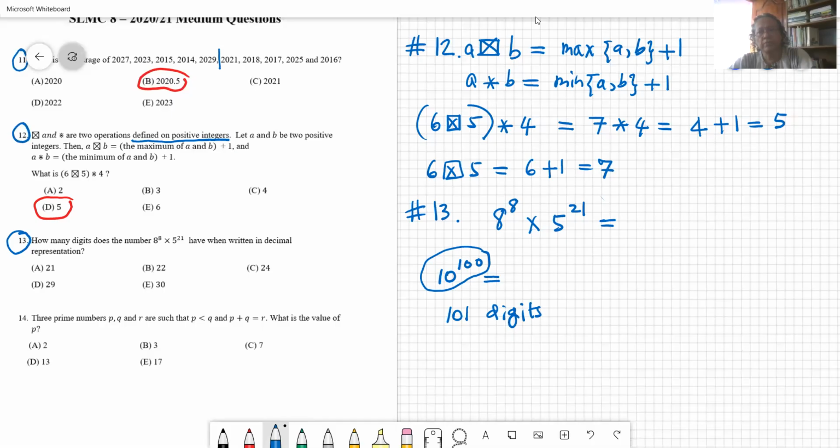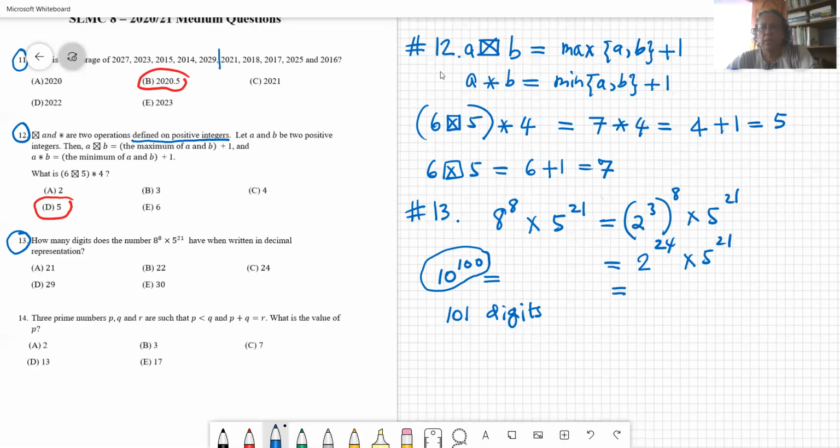if we can get 2 as a prime factor of this. Now you can bring in 2 because you can write 8 as 2 to the 3, and then this is raised to the power 8 times 5 to the 21, and then this simplifies to the exponent here is 24 times 5 to the 21, and if you combine 2 and 5 you get a 10.